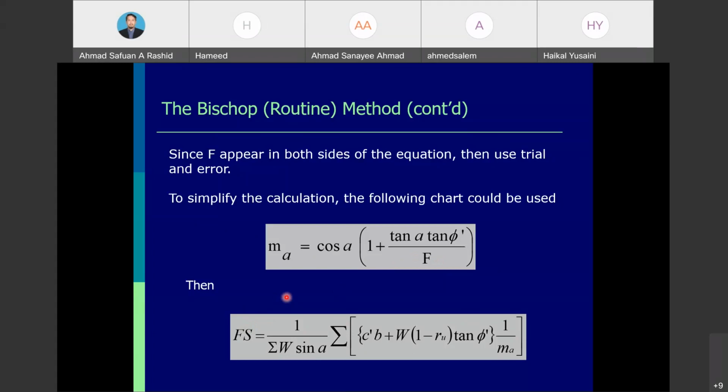But it can be said that it's more comprehensive. It is more comprehensive compared to the Fellenius method, because Bishop considers the side forces, which are the shear and also the normal force acting on each side of the slice.